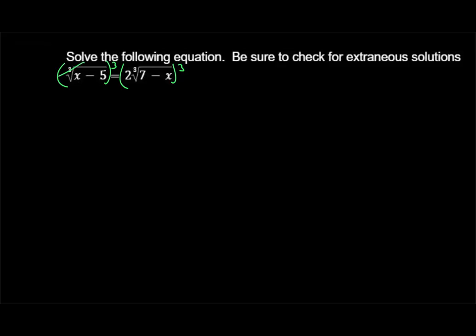If I do that, cubing and cube rooting cancel each other out, leaving me with x minus 5.